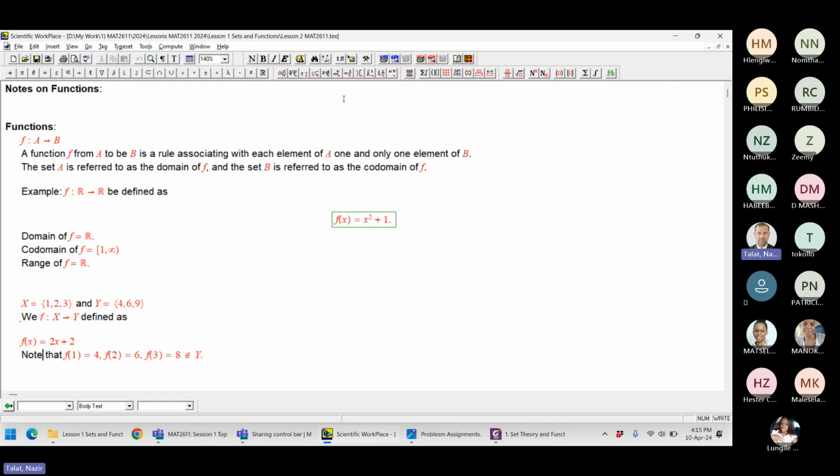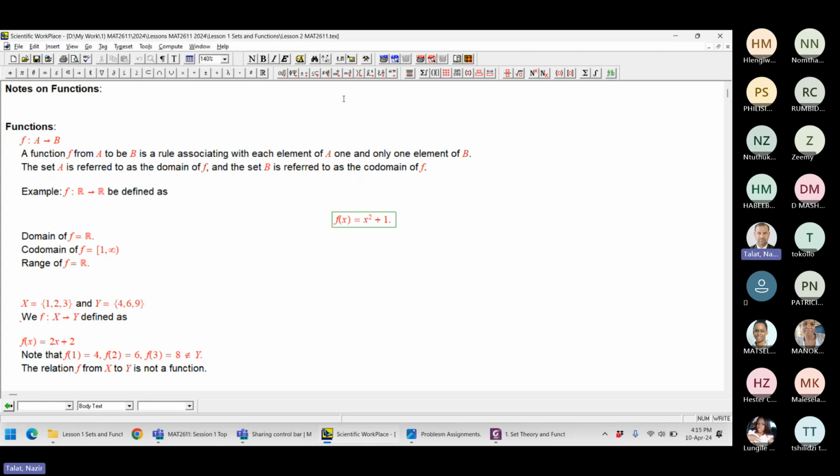We can say that the relation f from x to y is not a function.